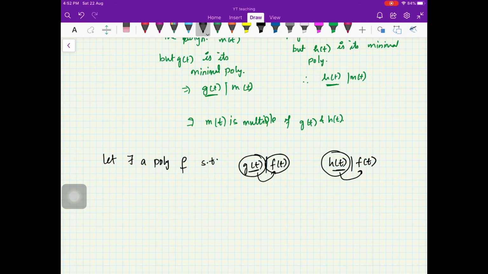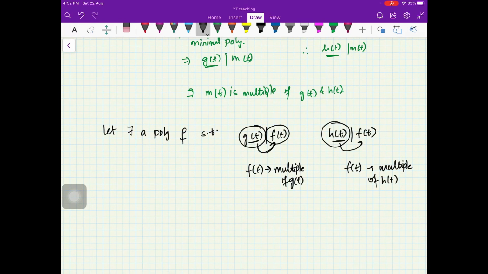Now you are saying that GT divides FT, so it means that FT is a multiple of GT, and FT is a multiple of HT, right?